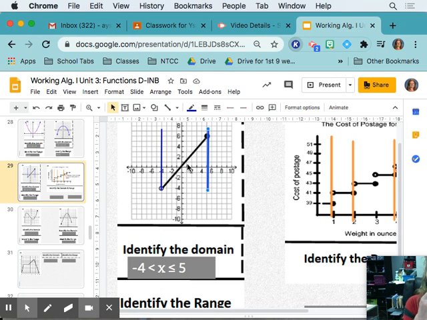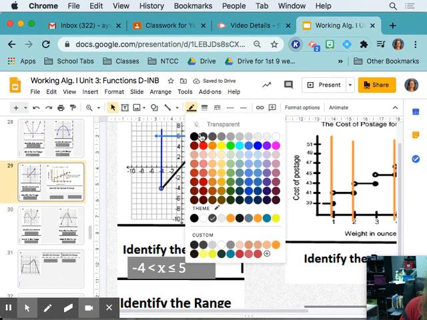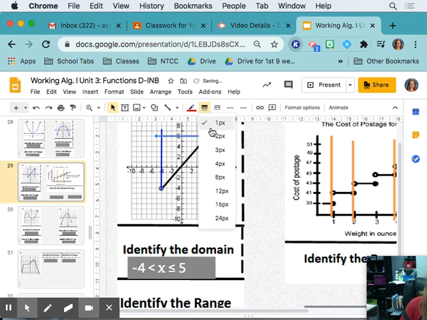And then what about the range? Range, you start at the origin and you see how far down it goes, how far up it'll go. How far down? Negative 4, and how far up? Positive 6. Okay, so we're going to draw a line there too to box it in. I'm going to change the color to red for range.